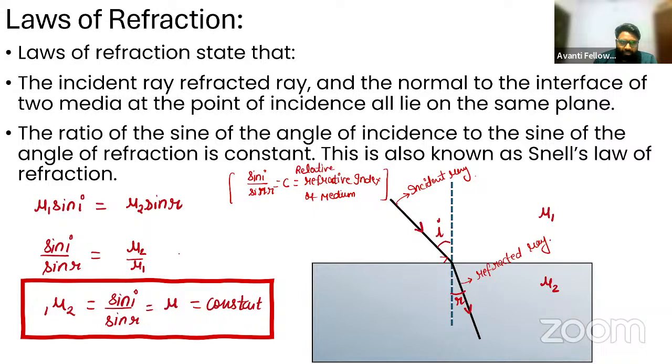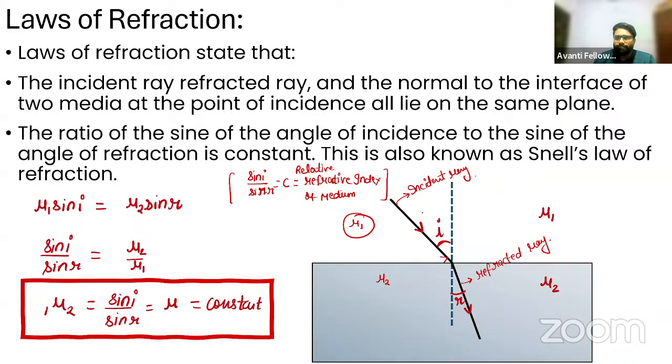And this refractive index is the relative refractive index, not the absolute. So to apply this, we will consider that the refractive index of air is mu1 and this particular material is mu2. So how can you apply Snell's law? You will write mu1 sin i is equal to mu2 sin r. Multiply the refractive index of the medium with the sine of the angle of incidence, which the incident ray makes with the normal.